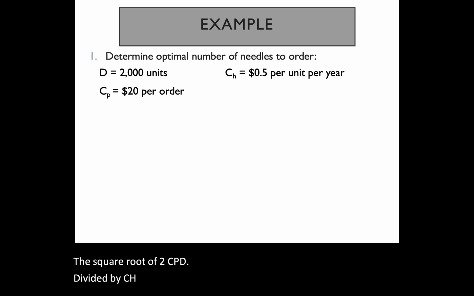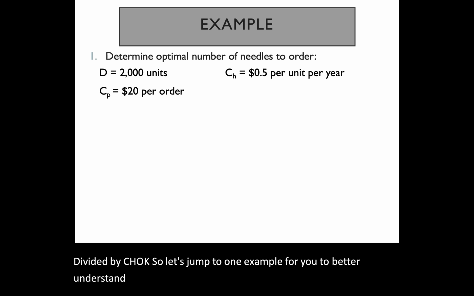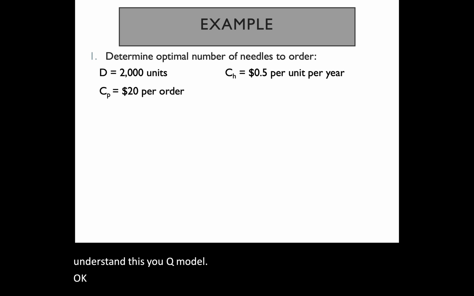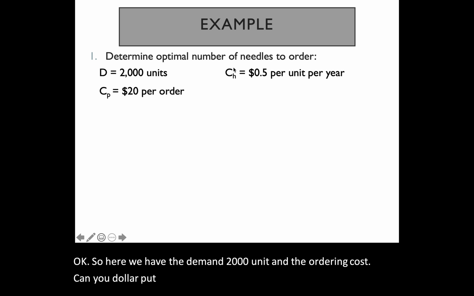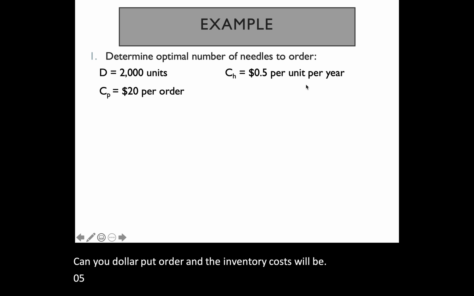Okay, so let's jump to one example for you to better understand this EOQ model. Okay, so here we have the demand of 2000 units and the ordering cost of $20 per order, and the inventory cost will be 0.5 per unit per year.